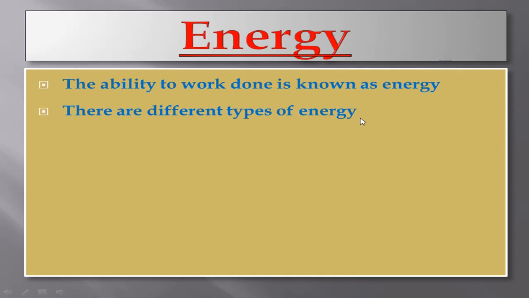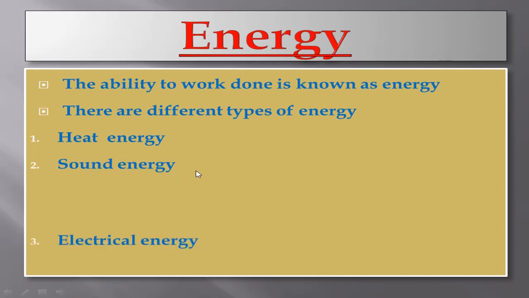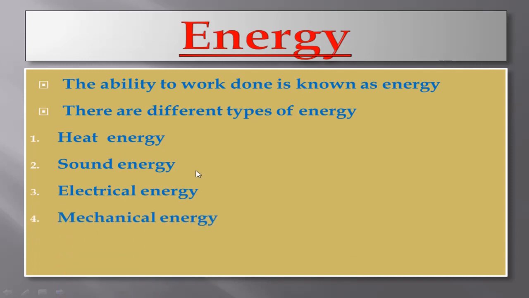Now we will learn what these different types of energy are. One of them is heat energy. The second one is sound energy. Sound is also a type of energy. Electrical energy, mechanical energy, and magnetic energy are also different types of energy.